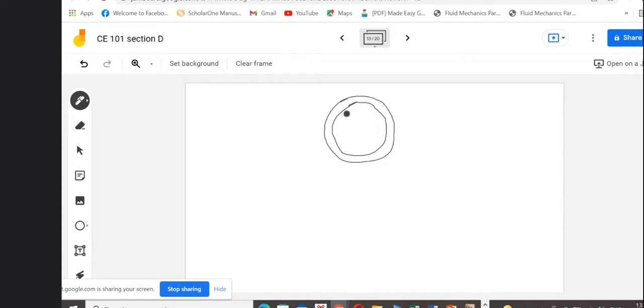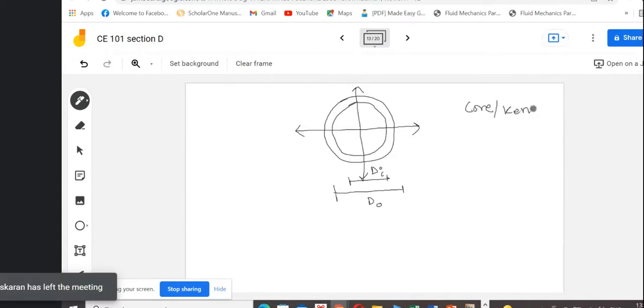If we have a hollow section here, whose outer diameter is d naught and inner diameter is di, what will be the core or kernel? Or rather, just try to find out the eccentric distance.